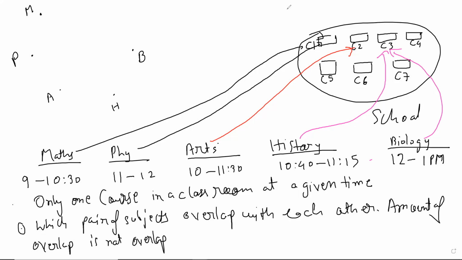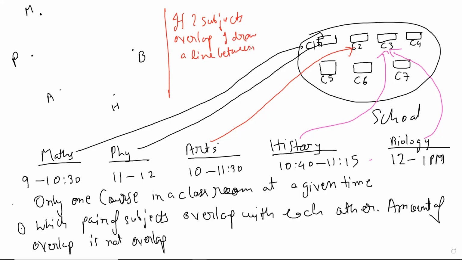Now, if two subjects overlap, okay, right? If two subjects overlap, I draw a line between them. This is the rule.